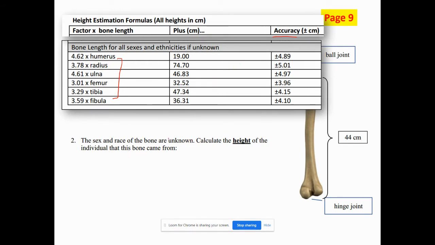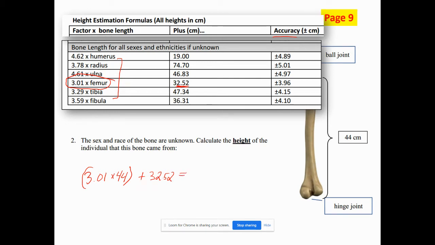So what do we got? We know we have a femur, okay? And so all we're going to do is say, okay, the formula is 3.01 times the length of the femur. That's 44 centimeters. Put that in parentheses. Add to that 32.52. Where did I get that? That's from this part of the formula.